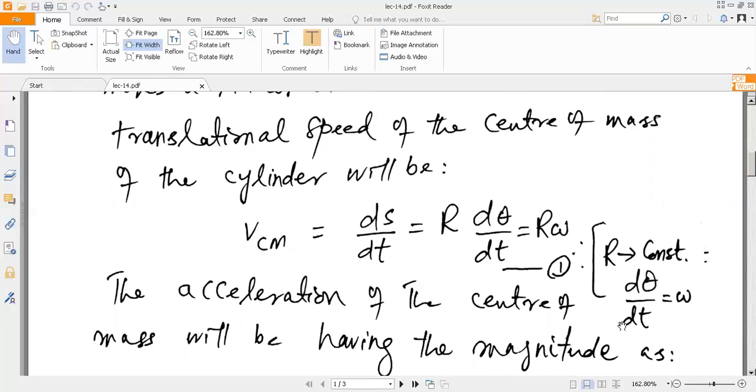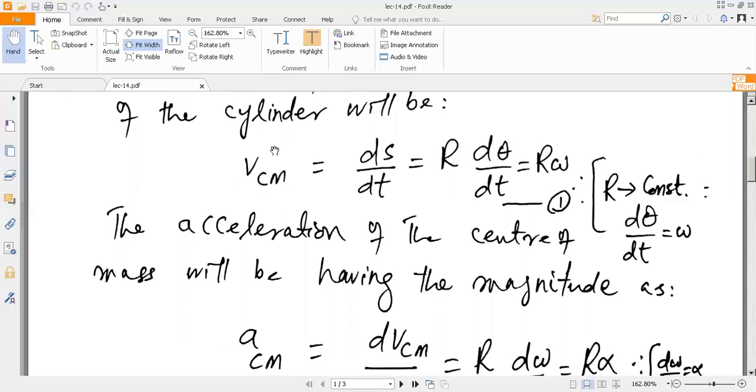This d theta over dt is a well-known entity in physics, which is equal to omega, angular speed. So we say that this r d theta over dt becomes equal to r omega, and we say this is our equation number 1.